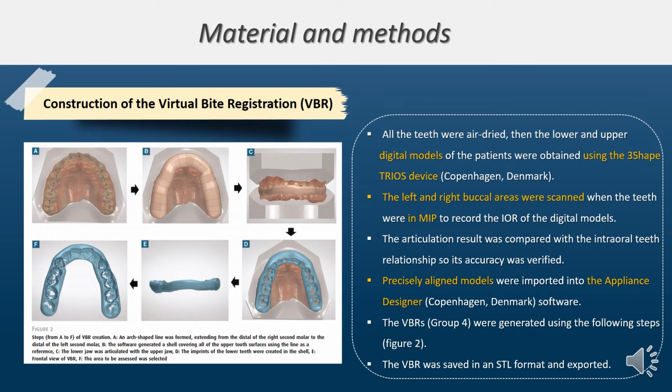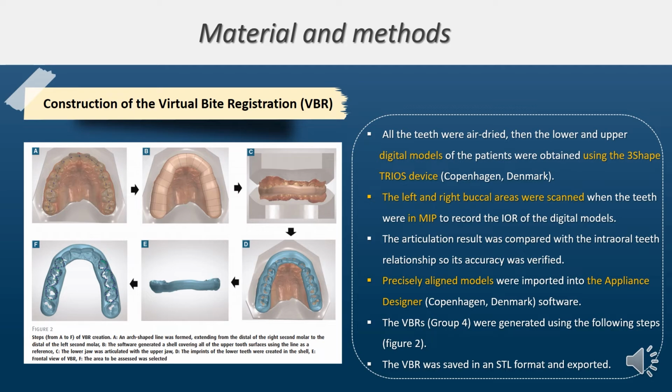To construct a virtual bite registration, first, all the teeth were air-dried, then the lower and upper digital models of the patients were obtained using the 3Shape Trios device. The left and right buccal areas were also scanned when the teeth were in MIP to record the IOR of the digital models.